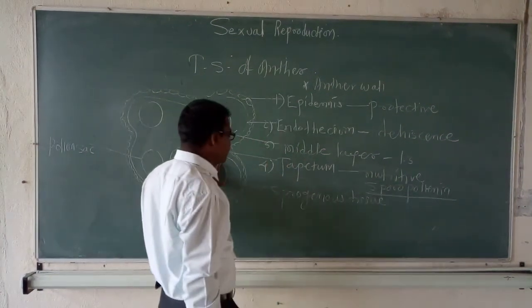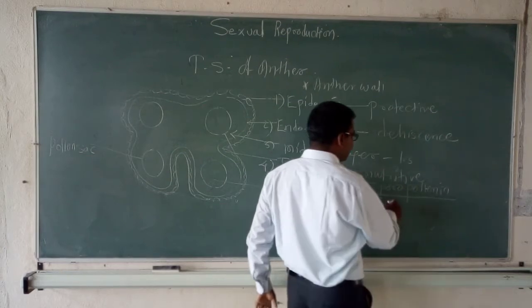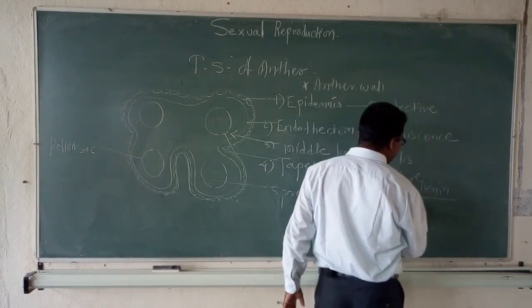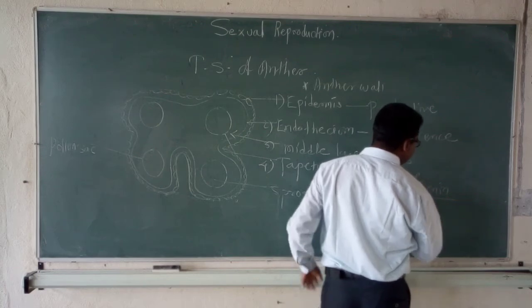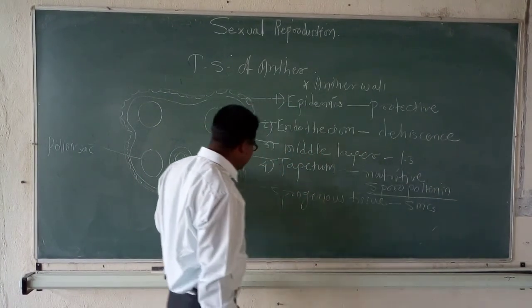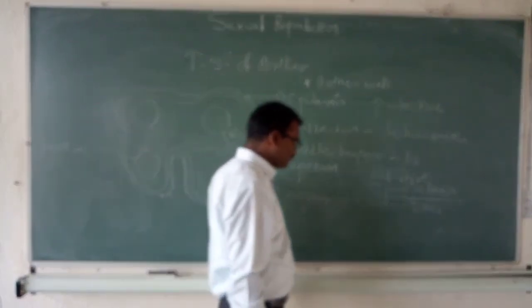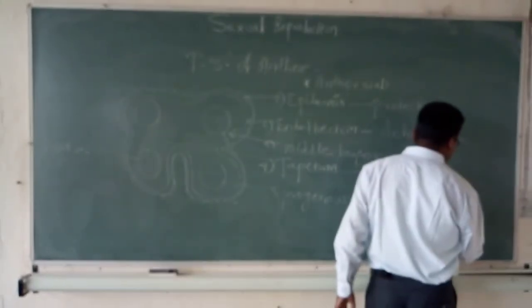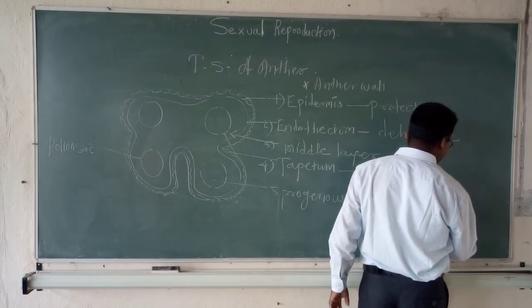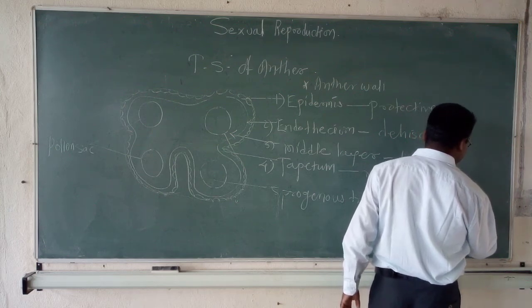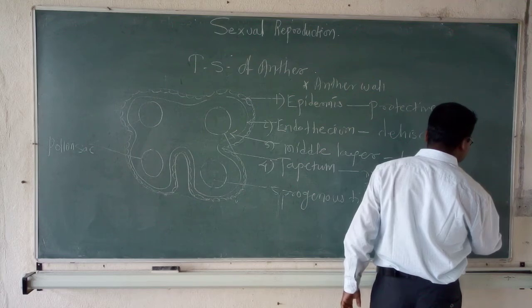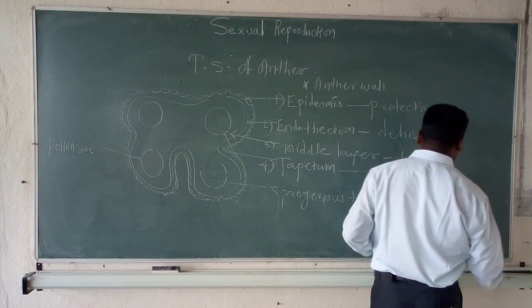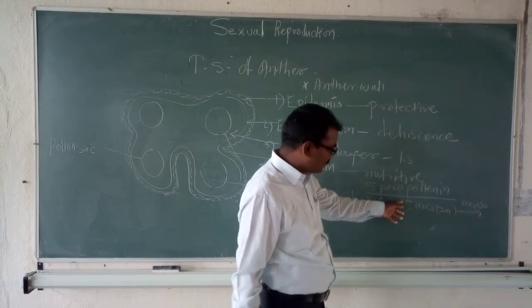Inside the sporogenous tissue there are a number of diploid spore mother cells, 2n, which undergo meiosis. Meiosis means reduction division.